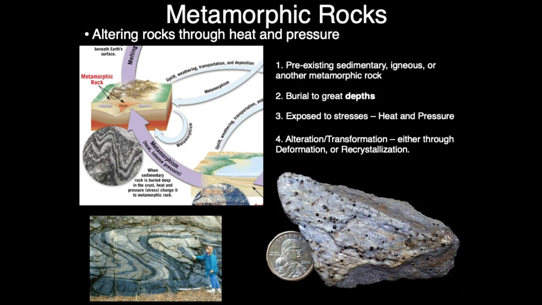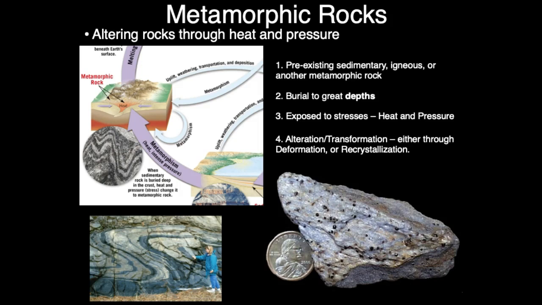So unlike igneous and sedimentary processes that occur at the surface and near-surface environments, metamorphism most often occurs deep within the earth. So this depth is usually beyond our direct observation. At such depths, this pre-existing rock of any of the three types is altered by high heat and pressure.